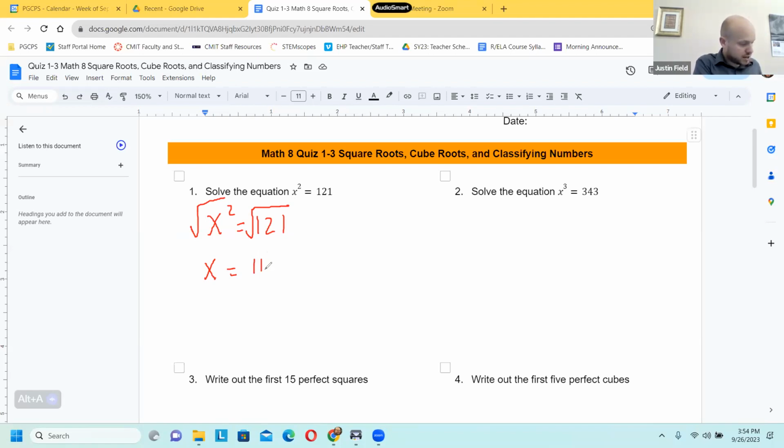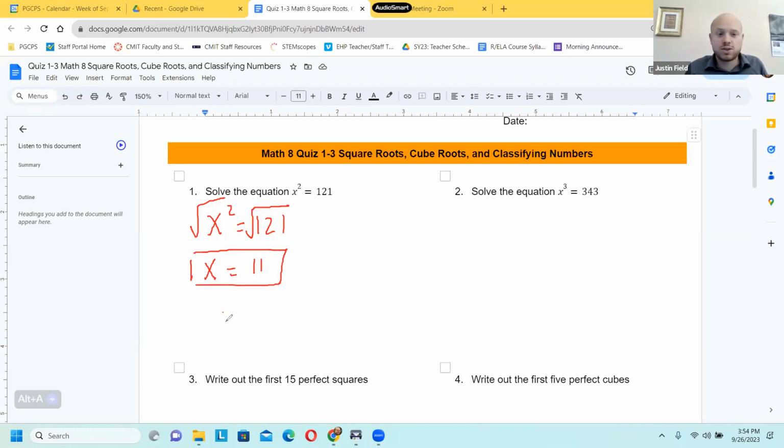But the thing is, they wrote things like 11 squared equals 121. 11 times 11 equals 121. Okay, yes, both of those are true statements. But what you want to write is x equals 11. And then that is the answer.